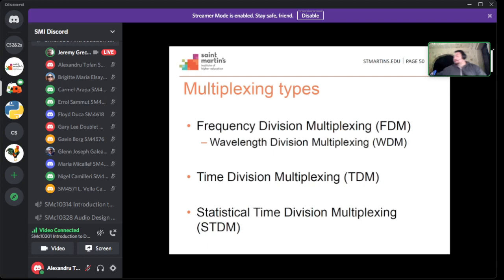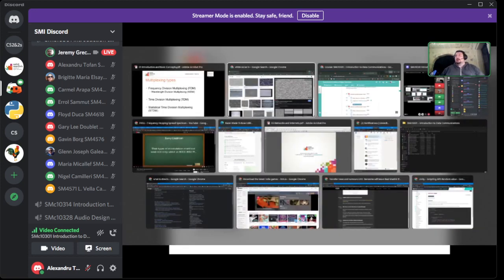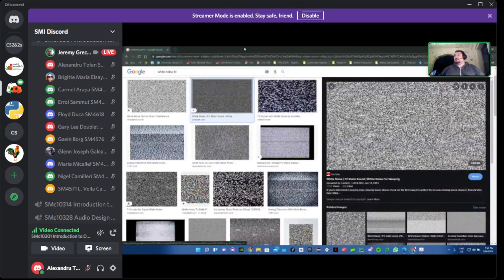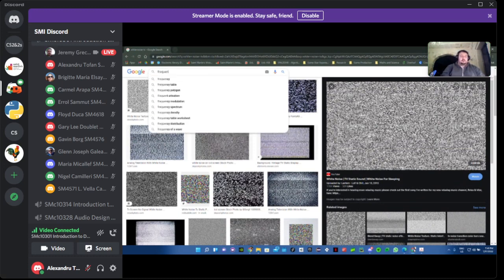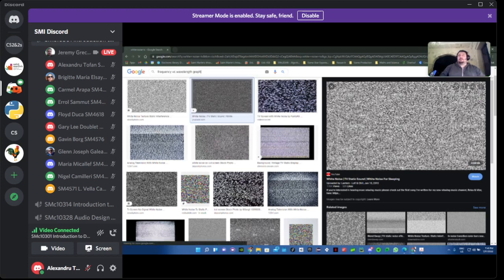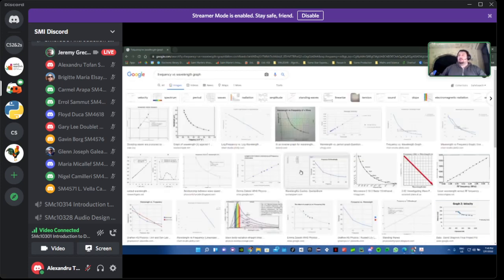If we look at it like this, frequency versus wavelength.